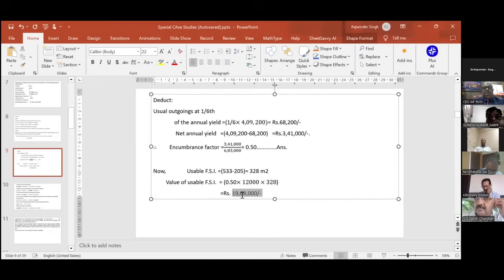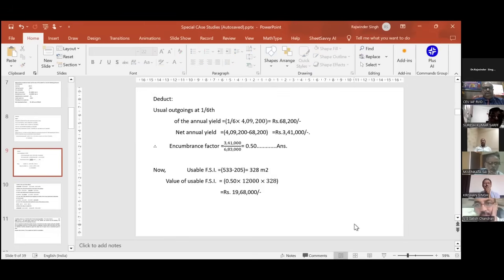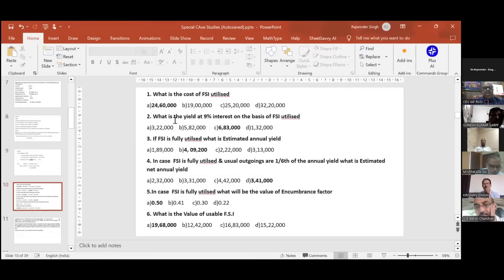So the value of usable FSI is 19,60,000, which you can further use. So based upon this, you have to answer certain questions. What is the cost of FSI utilized? What is the yield? So you answer these questions based upon the calculations which you have done.